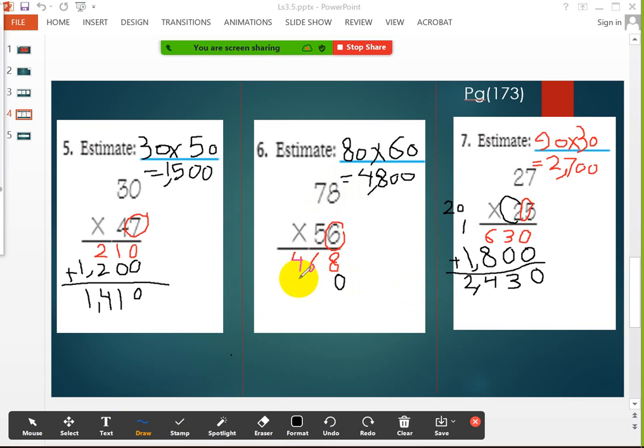Can I write 40 here? No. So I have to put 0 here and 4 up. Very good. 5 multiply 7 equals 35 plus 4 equals 39. Thank you so much.